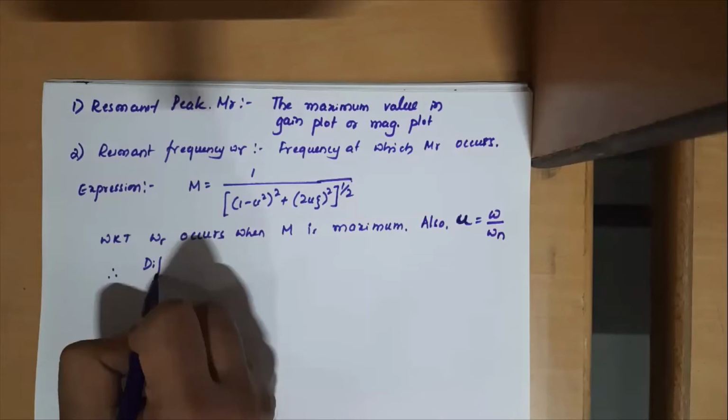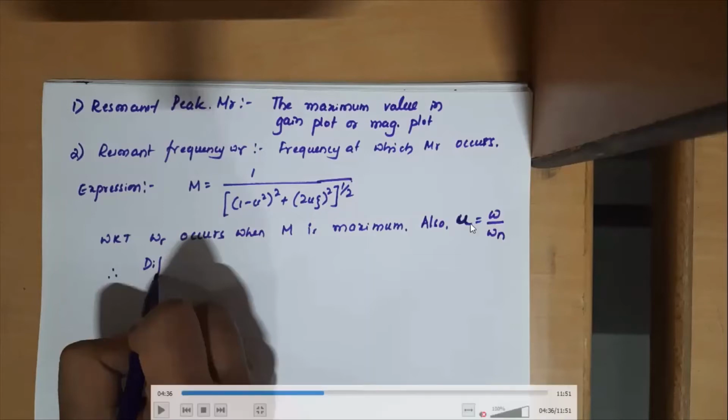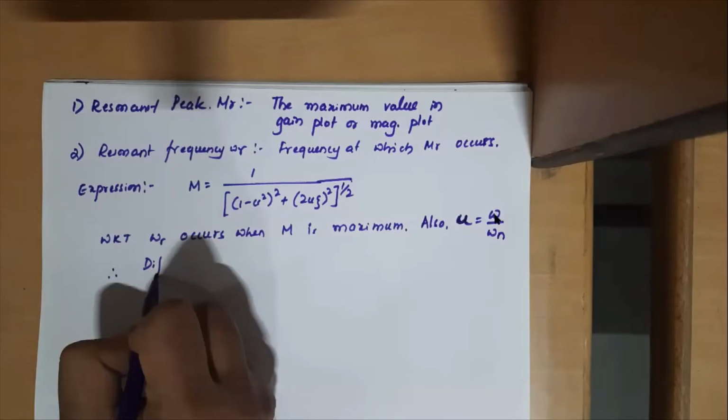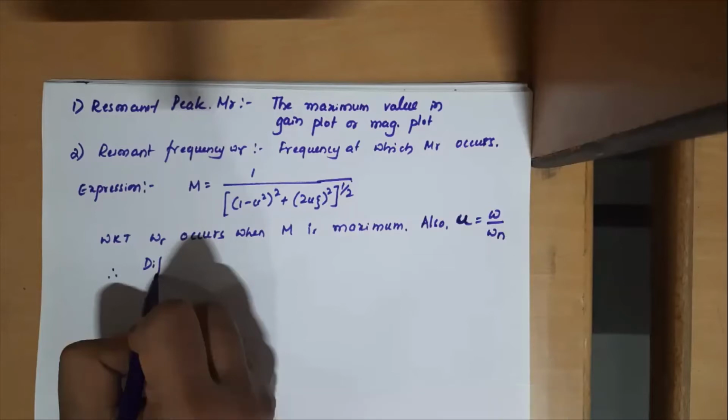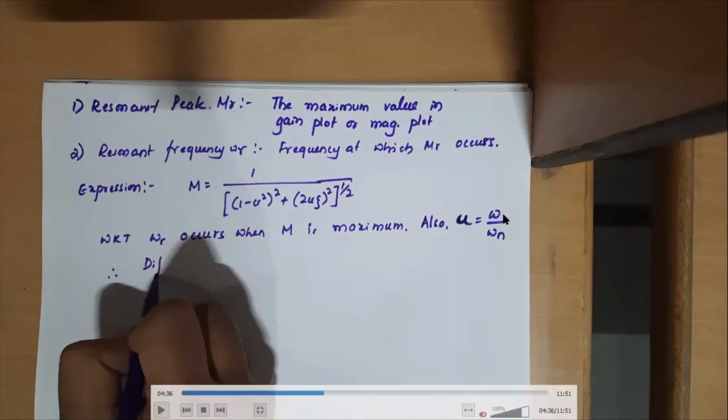That differentiation is with respect to u, because u comprises the omega factor. See, for a given system, omega n is always constant. The natural frequency of a system doesn't vary. So if omega varies, then only u is going to vary.